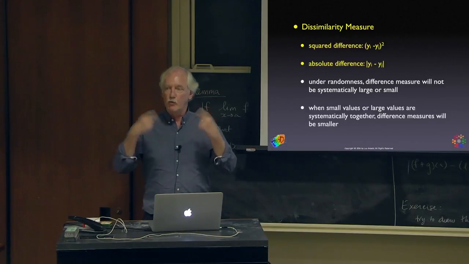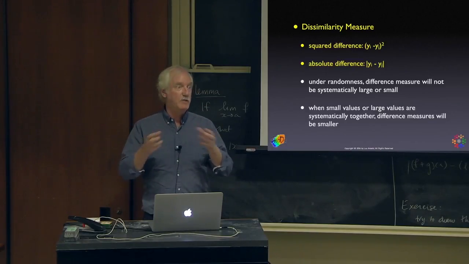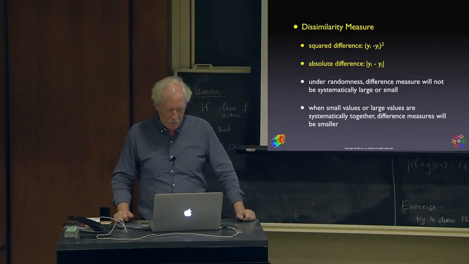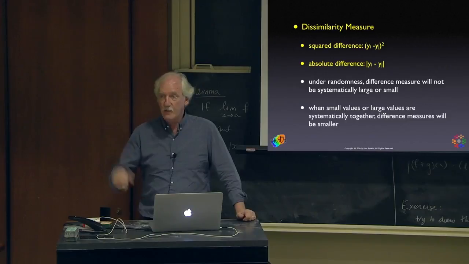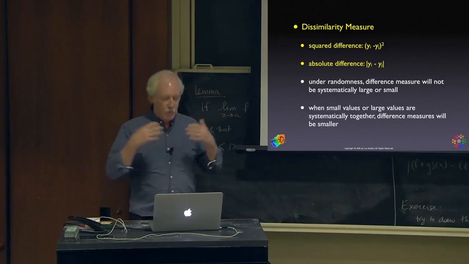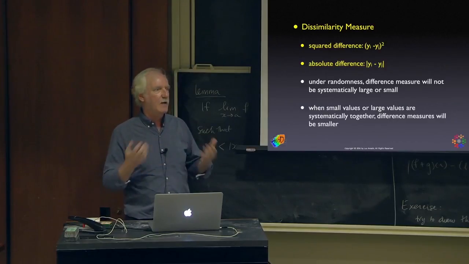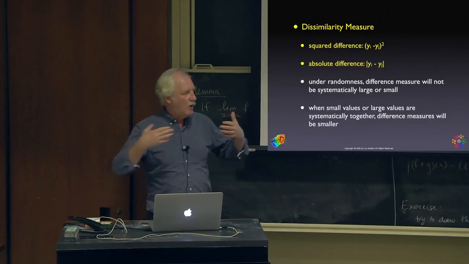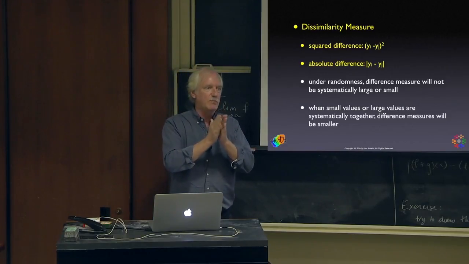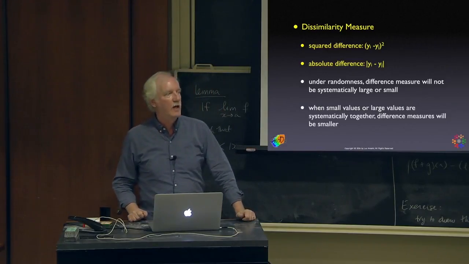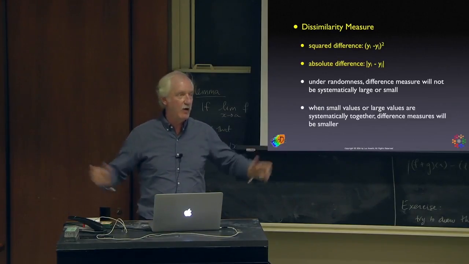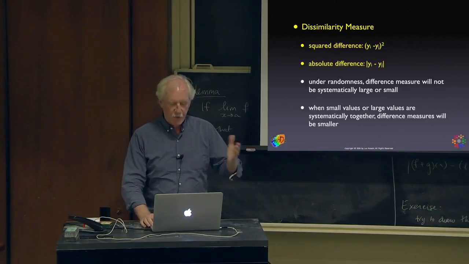The other one squares it, and again, it doesn't matter which one is smaller or larger, but it amplifies the difference by squaring it. So again, same logic. Under randomness, random matching, there will not be systematically large or small values, but if all the large similar values are together, you will have very small square differences, and the other way around. If the dissimilar ones are together, you will have very large square differences. So that's the first part.